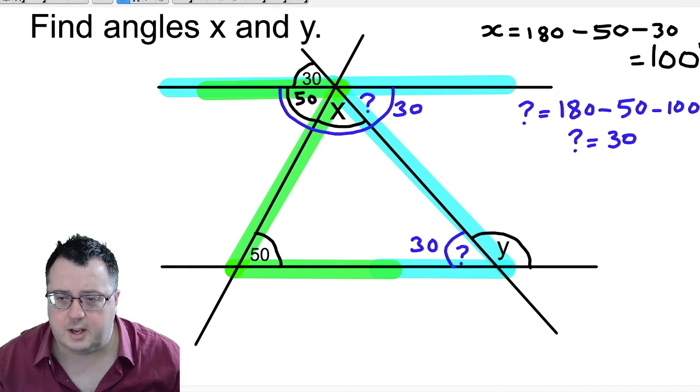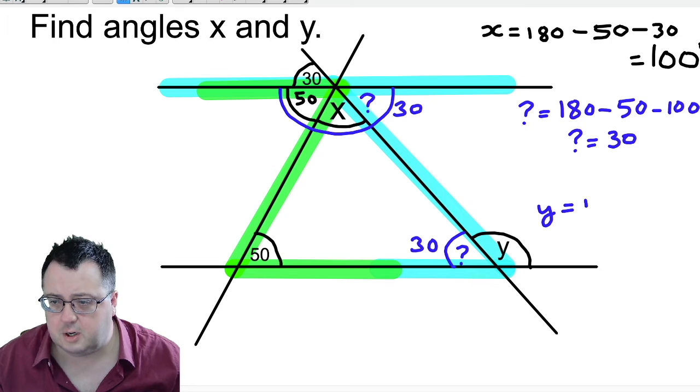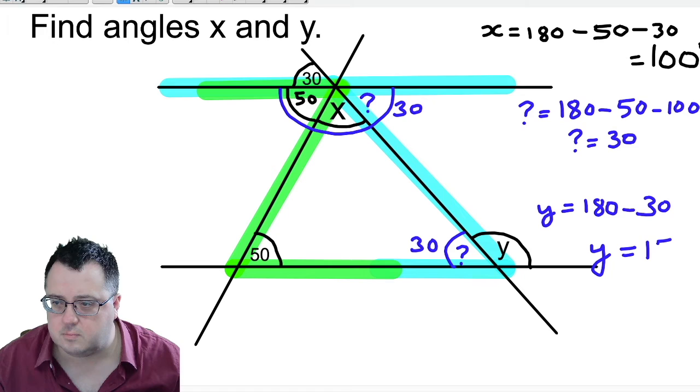And that will make y equal to 180 subtract 30. Y is 150 degrees.